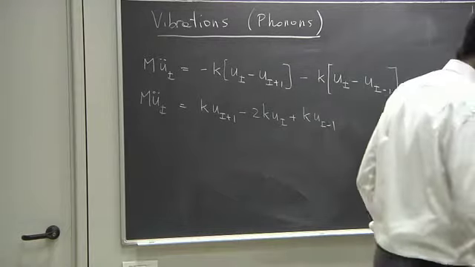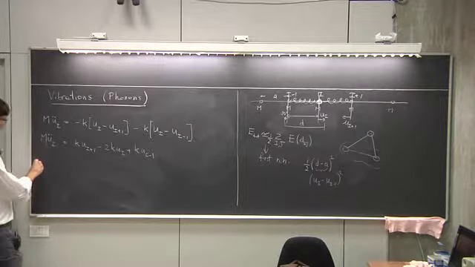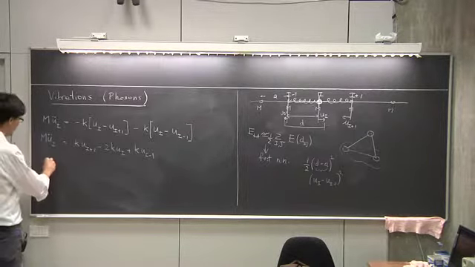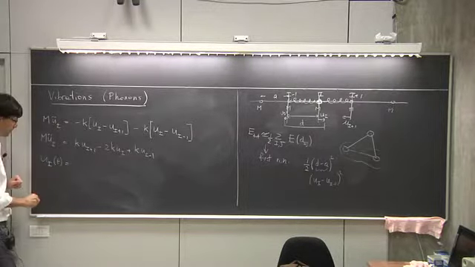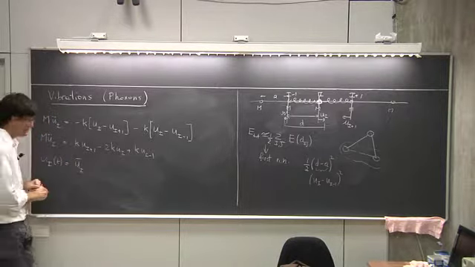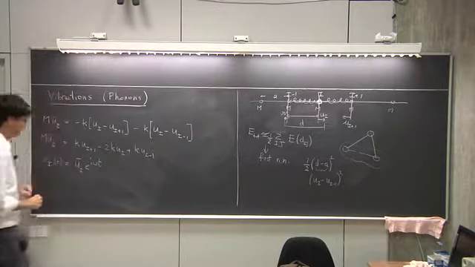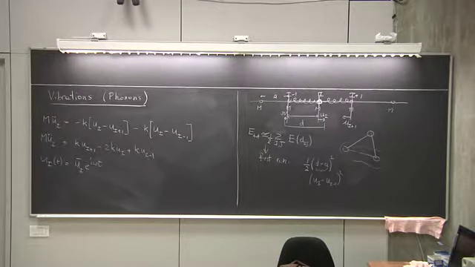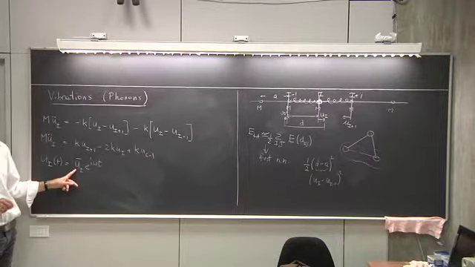So the way we proceed is by making an assumption, the first assumption, actually the only one, presumably. The assumption is that u_i as a function of t is ū_i, a constant, times e to the i omega t, with omega to be determined and ū_i to be determined.